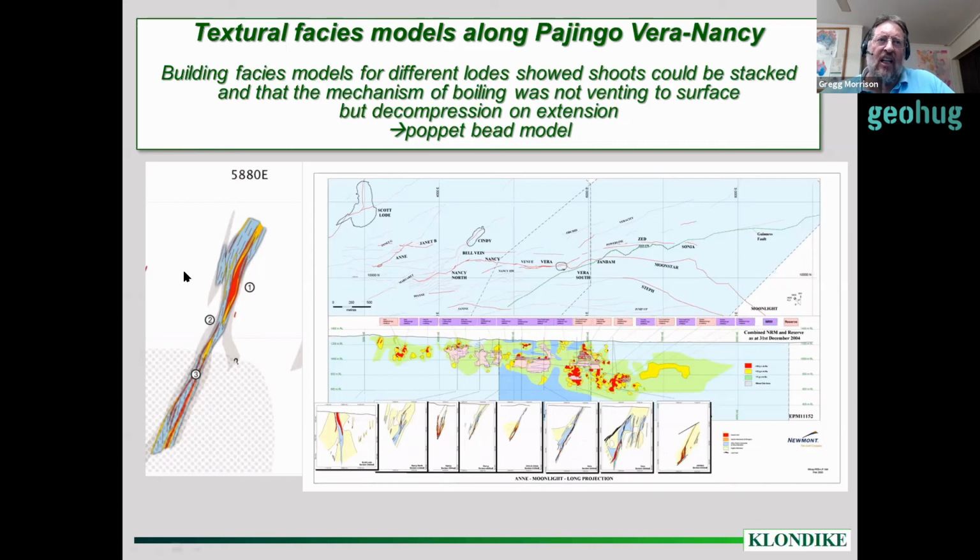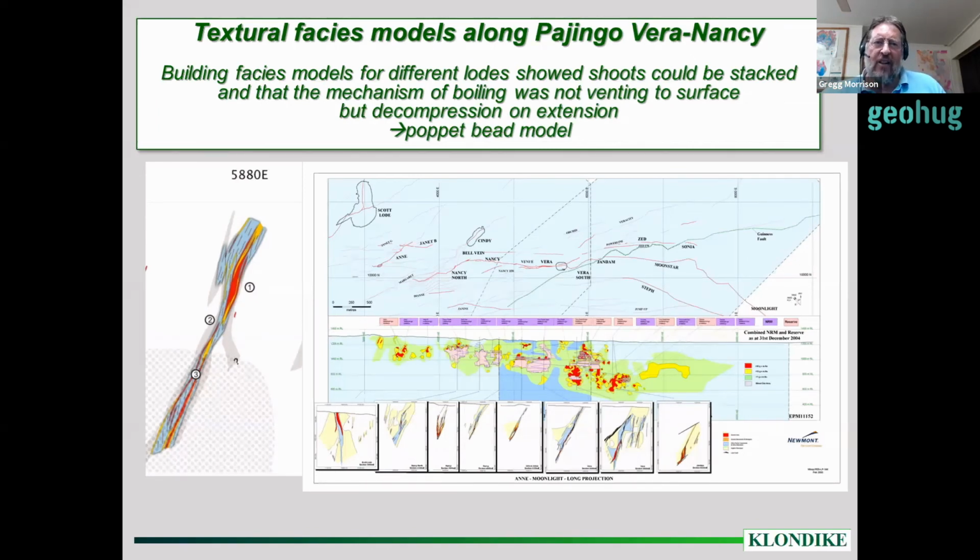But in here, which is clearly underground and clearly stacked and without any necessary connection to surface, you can actually create boiling by having a structure that opens in that sense and decompresses the fluid, and that decompression causes it to boil. So in here, I think this is like a set of poppet beads where you have an opening chute here, an opening chute here, an opening chute here. So you can end up with a kilometre of vertical extent within a vein that, according to the original model, should only be a couple of 100 metres deep.